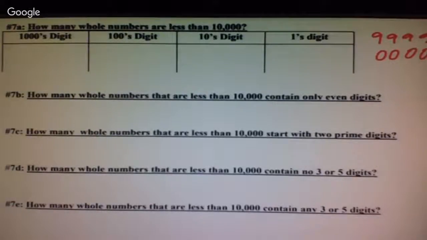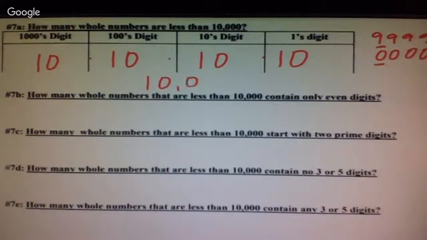Each one of these slots can be filled in with a number that goes from 0 to 9. How many options do I have if I'm going from 0 to 9? That is 10. So we're looking at 10,000 different numbers.